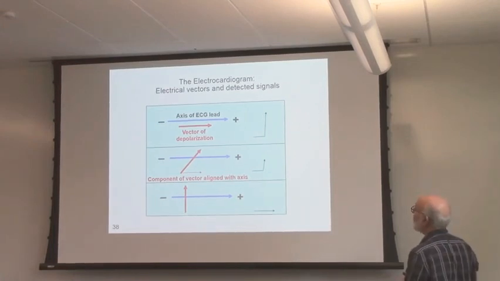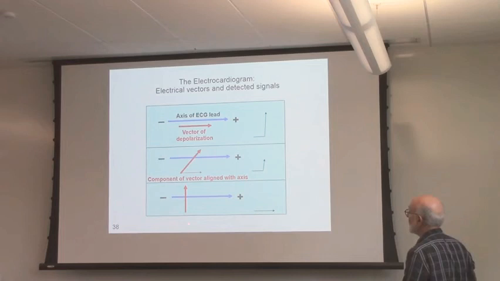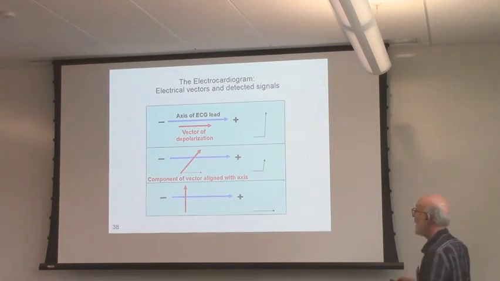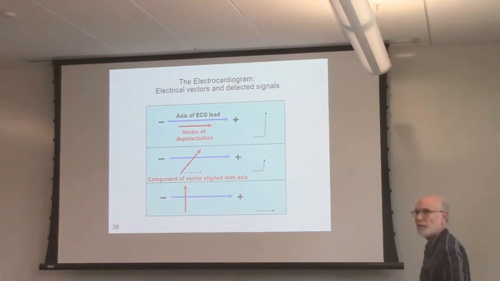If the vector of the depolarization is aligned with the axis, you get a big positive signal. If the vector is perpendicular to the electrode that's measuring it, the electrode is blind to it. It can't see anything in that orientation. And if the vector is oblique to the lead, then you get a smaller signal.